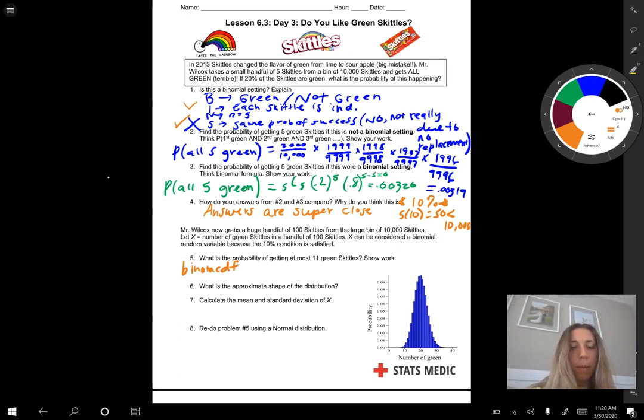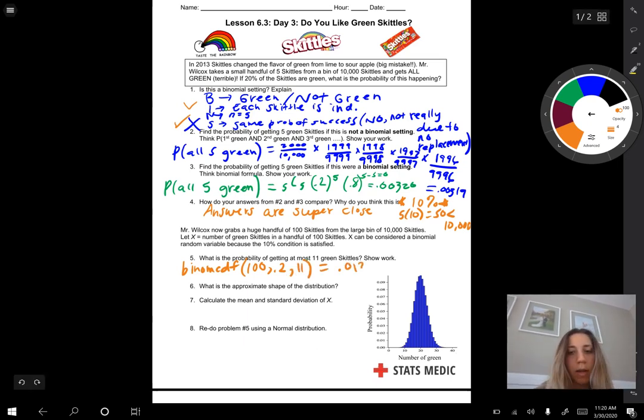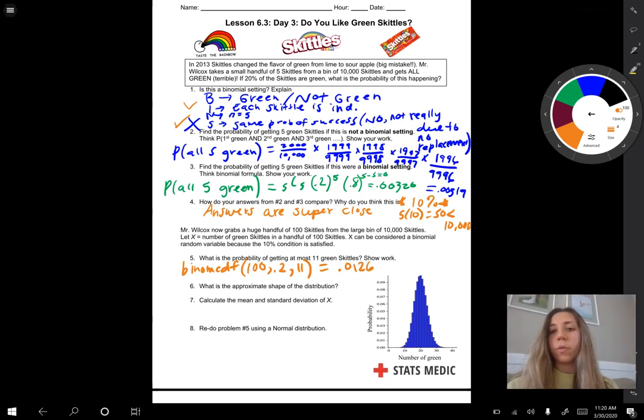So remember, binom CDF gives you everything at that number and below. So that would be binom CDF, N would be 100, probability of getting a green is 20%, so 0.2, and 11. So 11 and below gets you 0.0126. It would take you a long time to do all 11 of those and add them up if you wanted to do that by hand.